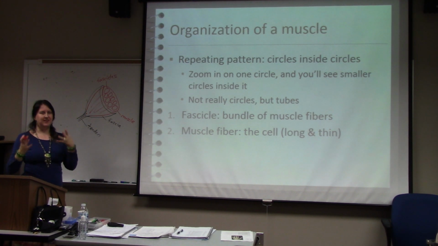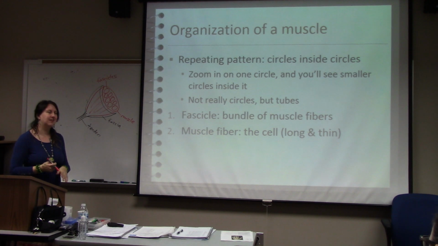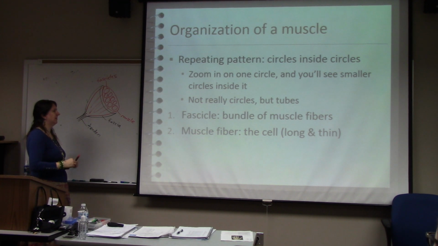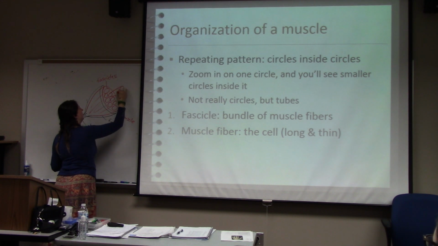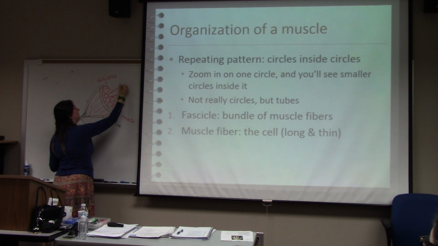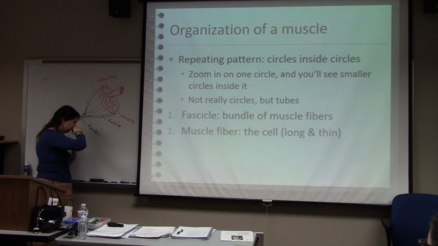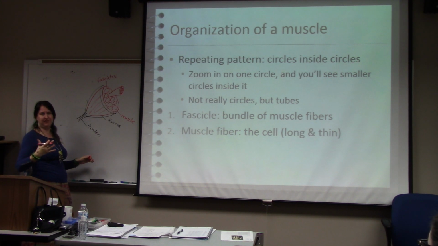Those are what give us the texture in a piece of meat. A fascicle, if we extend one, is made up of a whole bunch of muscle fibers or cells.